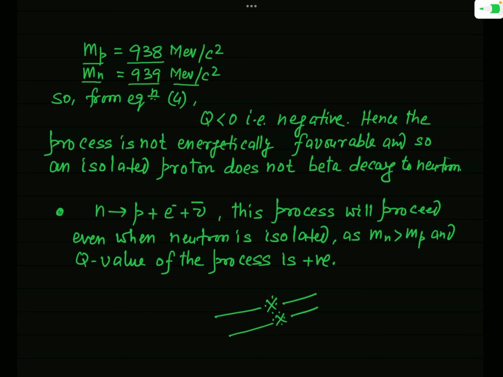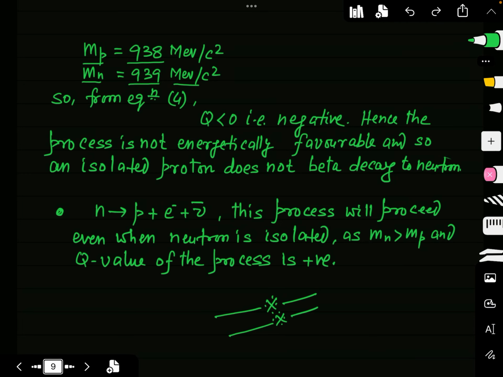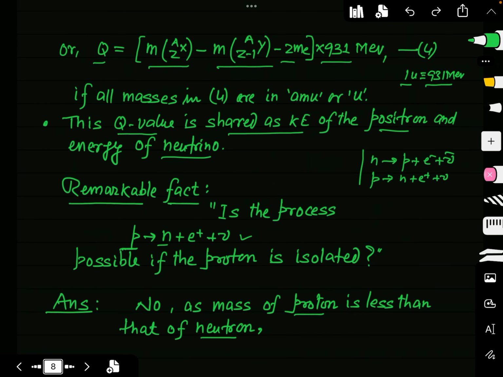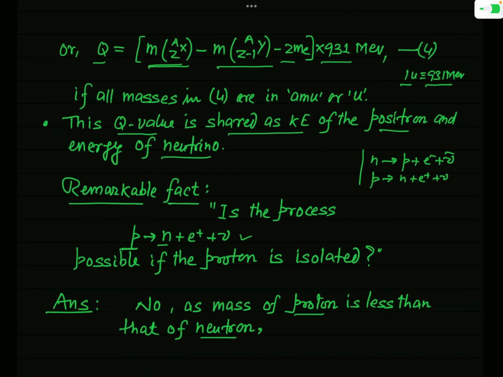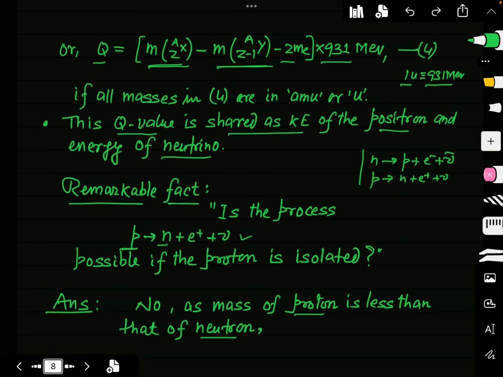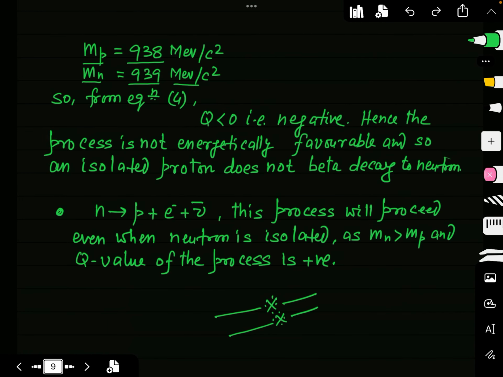And if the mass of proton is slightly less than the mass of neutron, then see this equation for the Q value. This m of zxa will be smaller than the value of this m of z minus 1 ya. So the Q value will be negative.